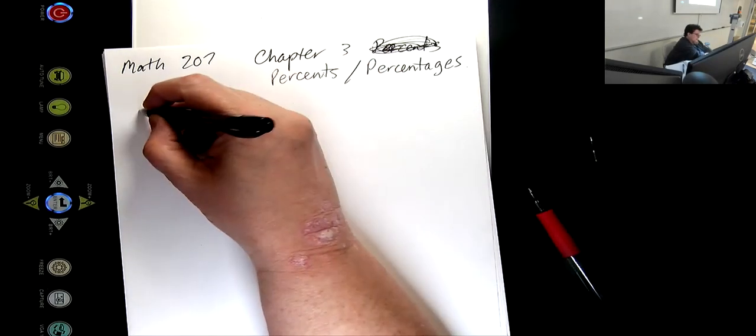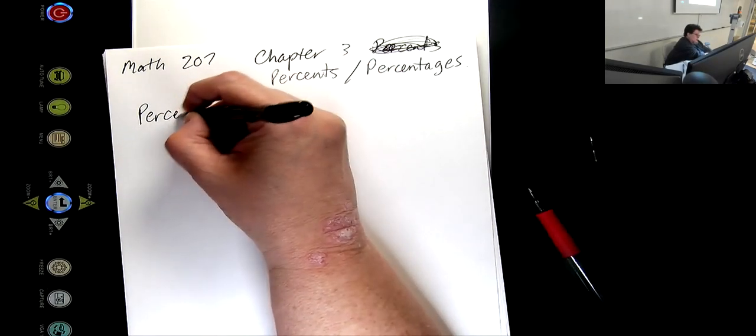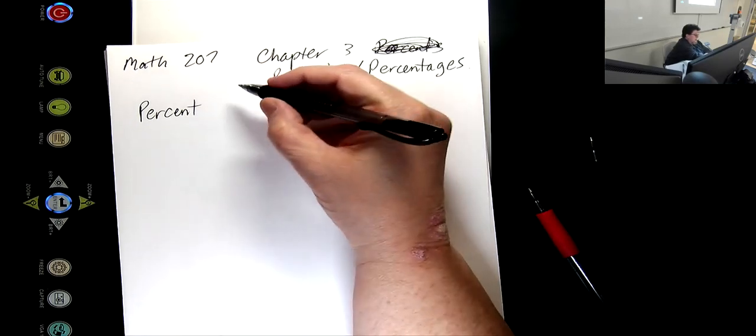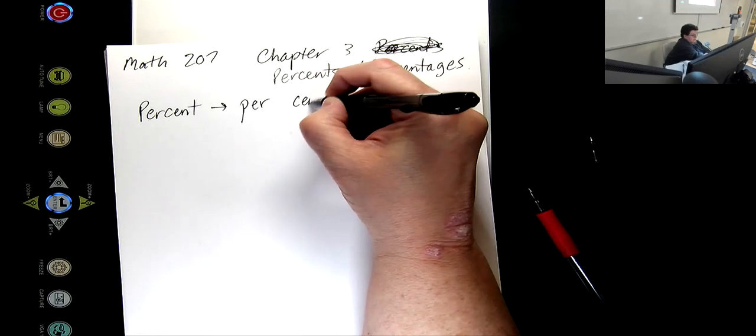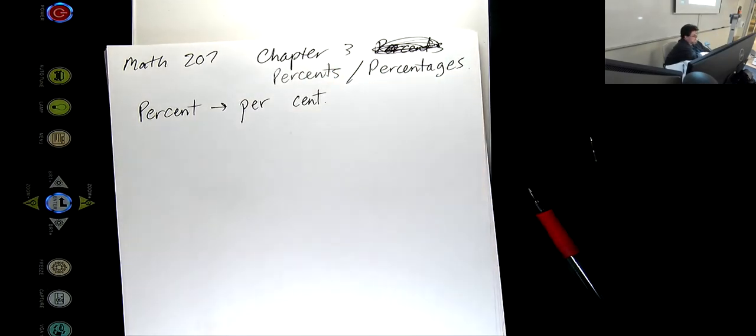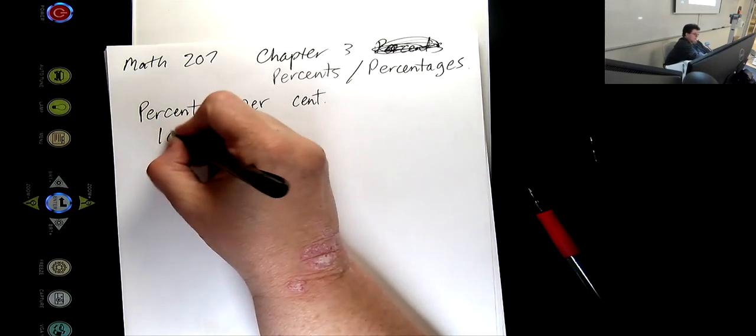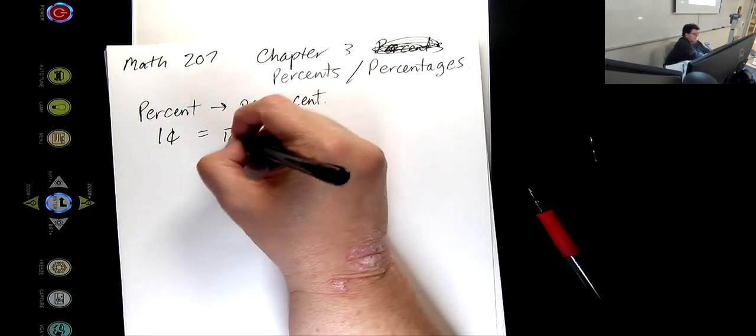So percent is putting two words together, per and cent. In fact, it's very much related to the same way we know the penny, a single cent. 1 cent is 1/100th of a dollar.